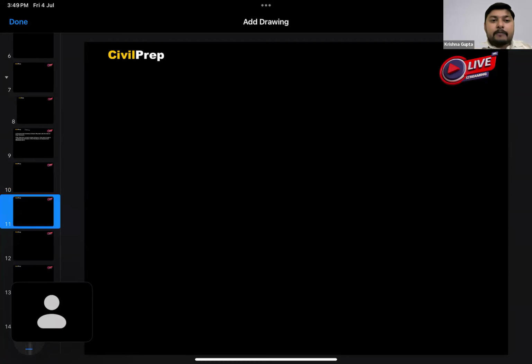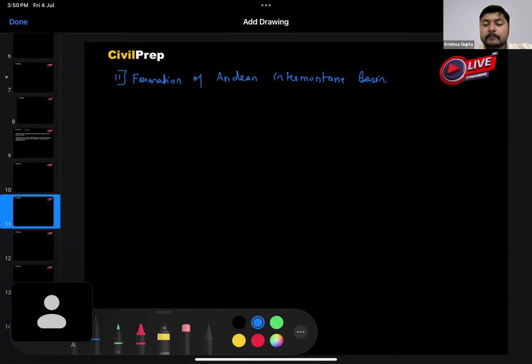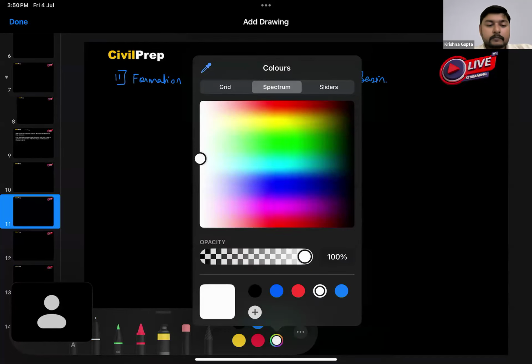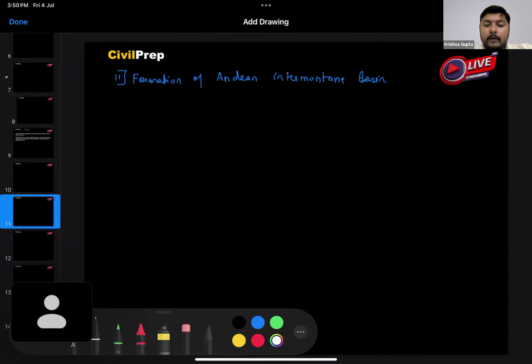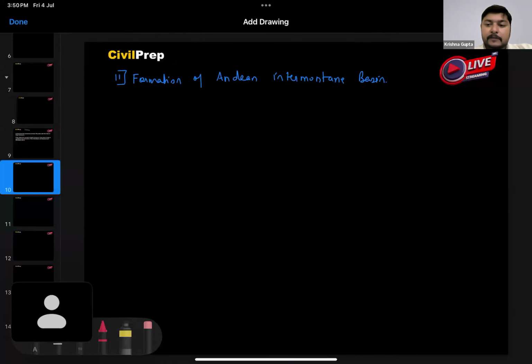Now, in the second step, we'll be seeing the formation of the Andean intermountain basin. Now, I'll be drawing the same diagram here.